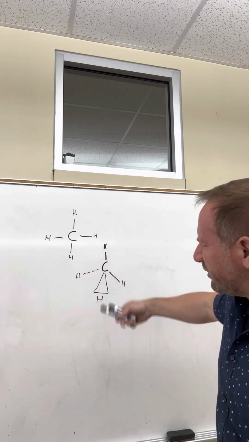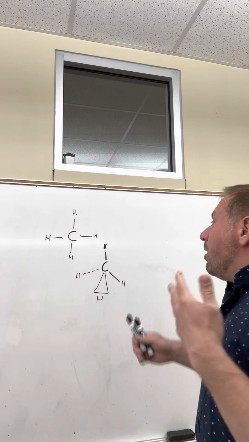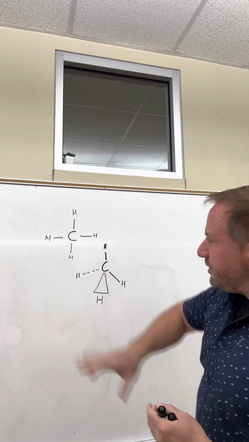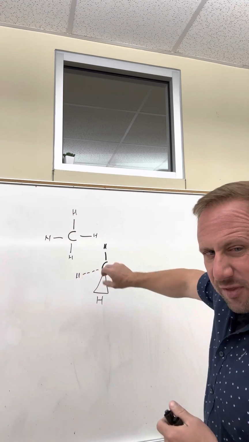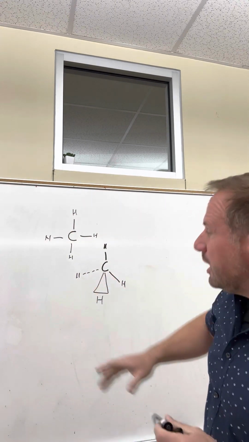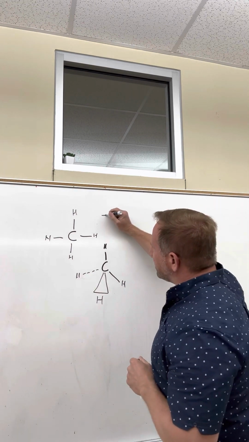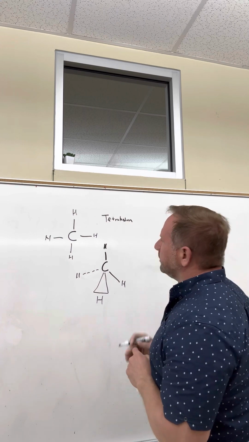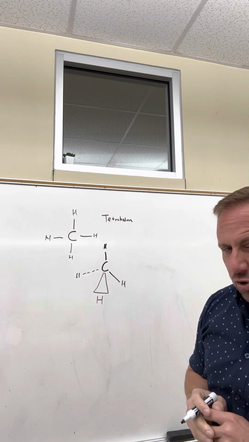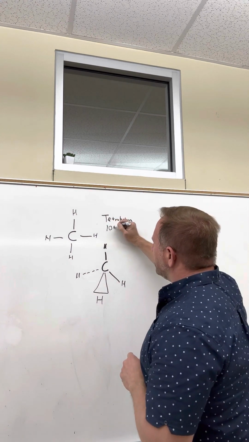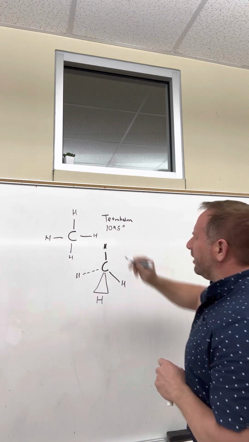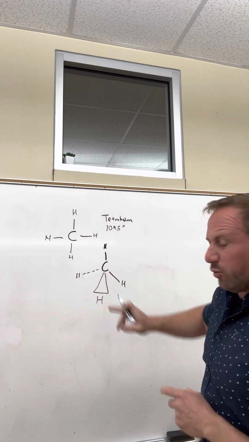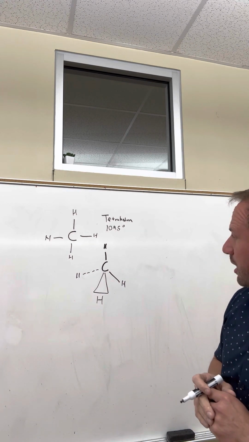You might not ever have to really draw it like this, but this and this are the same thing. This is just a Lewis structure. This is kind of drawing it geometrically. And what we would say is this is a tetrahedron with 109.5 degree bond angles around the central atom. So this carbon would be the central atom there.